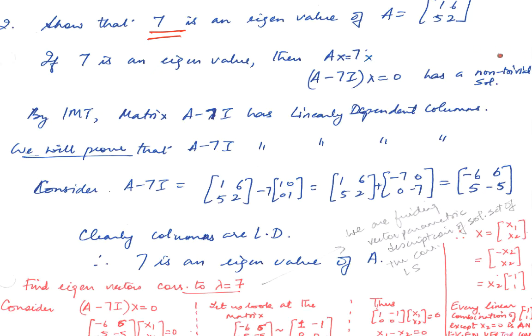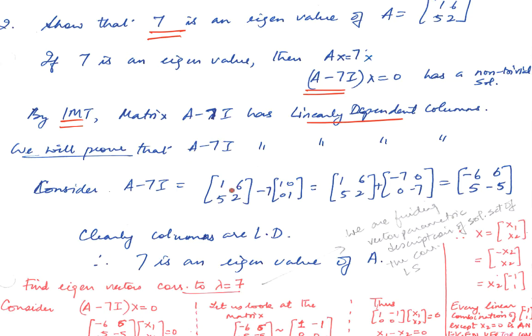Now, if this is going to have a non-trivial solution, by IMT, this matrix will have linearly dependent columns. So the only way we can say that this is an eigenvalue is if this matrix has linearly dependent columns. So let's go ahead and do A minus 7I.